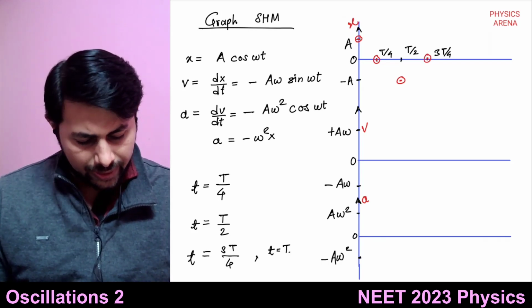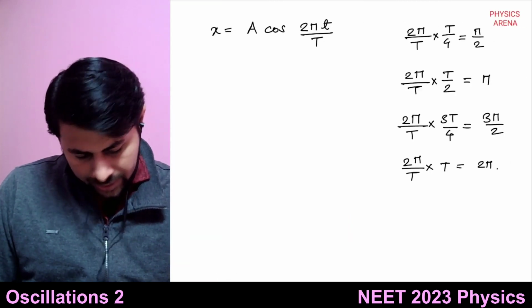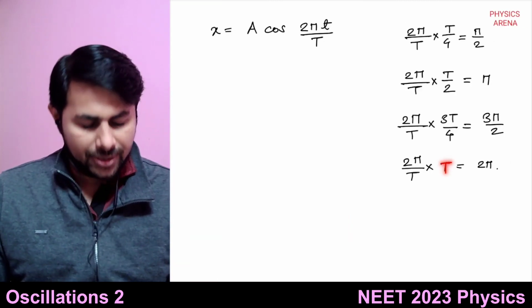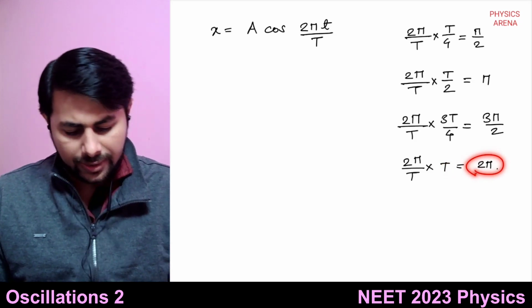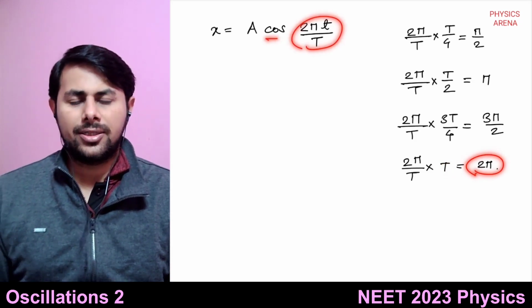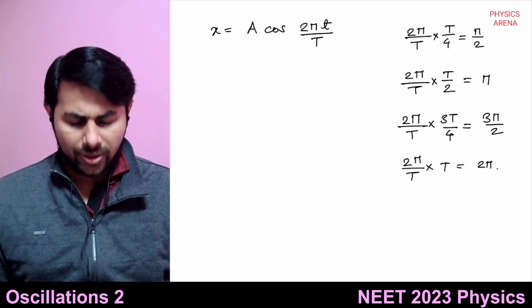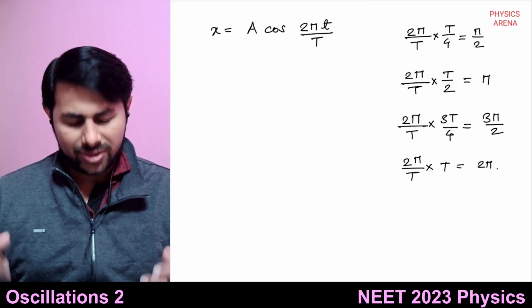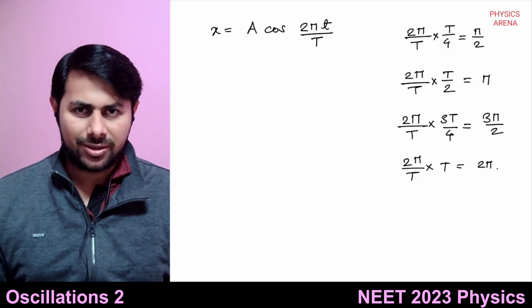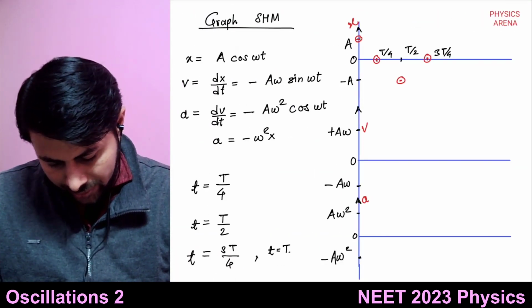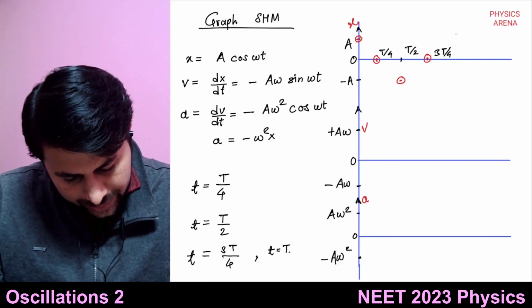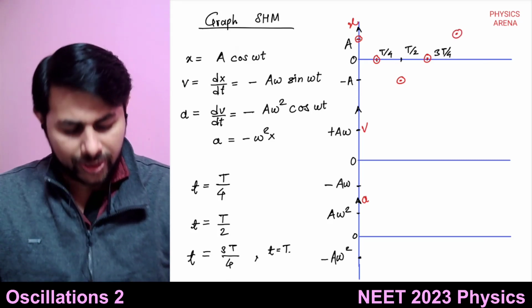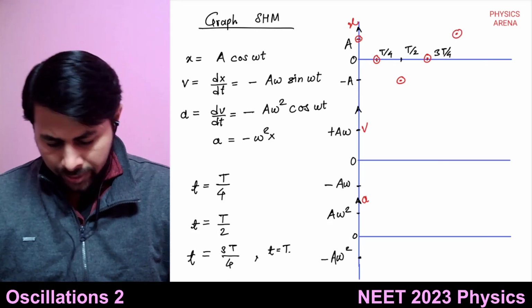Then at t equals capital T, the angle will be 2 pi. Cos of 2 pi is also 1. Cos 0 is 1, cos of 360 is 1. Cos of any multiple of 2 pi is 1. So you get this point.